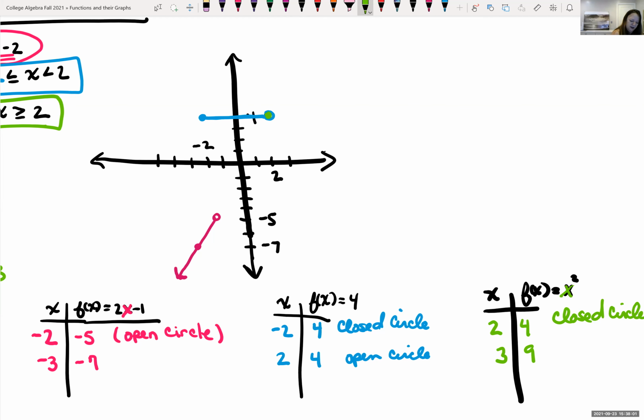And at 3, I have 9. It's a parabola shape.